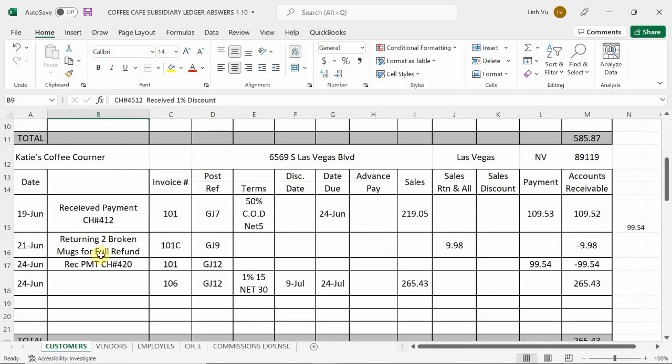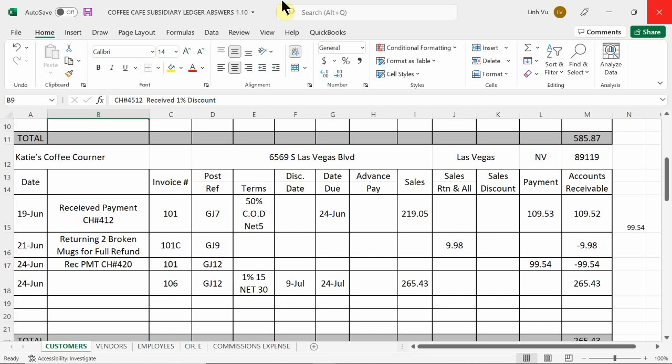And she's making a payment for 106. Okay, so in this case, she's paying on June 29. Did she make the discount? Yes. So here is another calculation that we must do to figure out how much sales discount we have to take off of Katie's, because she's making the payment now.